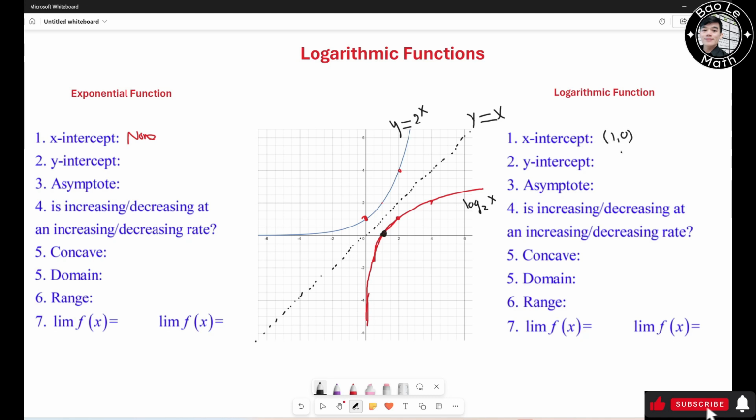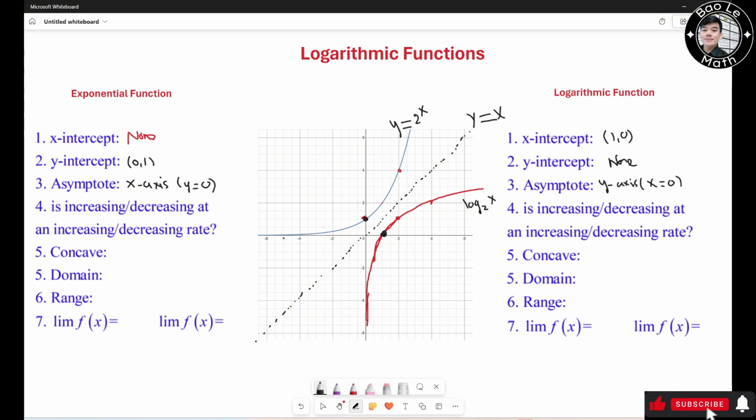Now the y-intercept for this one is gonna be (0, 1), and the y-intercept right here, none, right? The asymptote of this one should be the x-axis, y equals 0. The asymptote for this logarithmic function should be the y-axis, s equals 0, right?